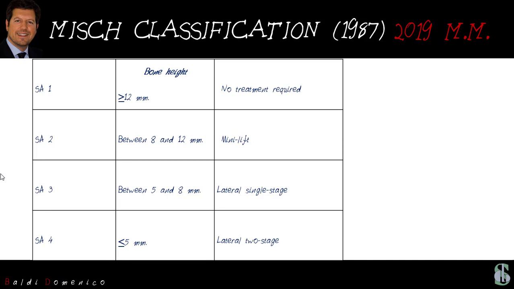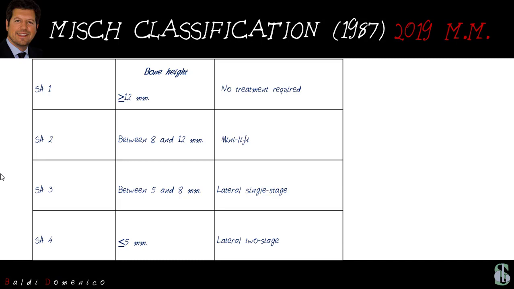But if we have a bone height of 5 millimeters or lower, for me it is absolutely necessary to make a lateral approach with two stages. So it is necessary to make a lateral approach for the sinus lift, and then after the osseointegration, after the healing of our graft, we can place the implant.